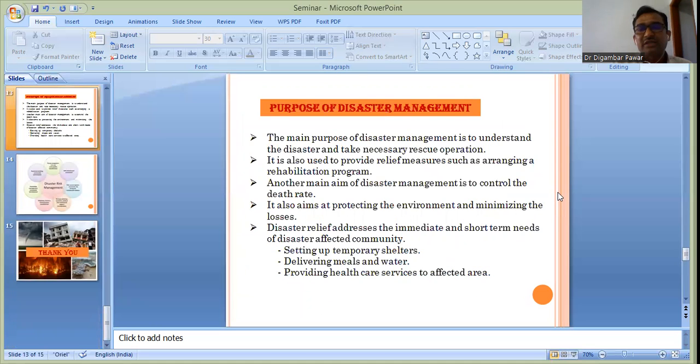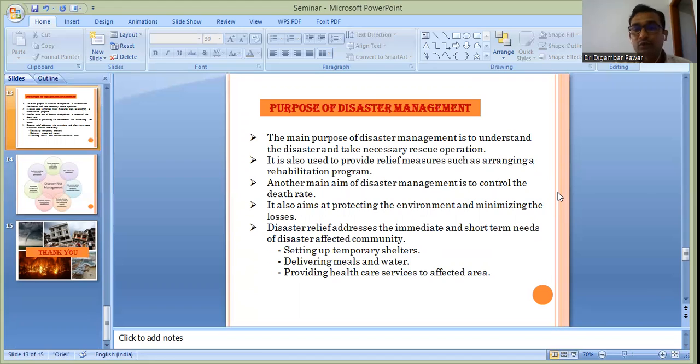After that, the purpose of disaster management. The main purpose of disaster management is to understand the disaster and take necessary rescue operations. It is also used to provide relief measures, such as arranging rehabilitation programs. Another main aim of disaster management is to control the death rate.